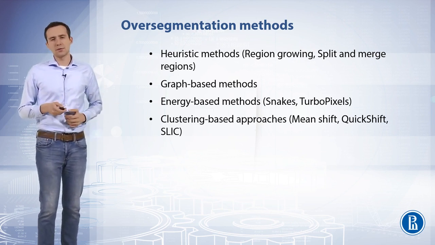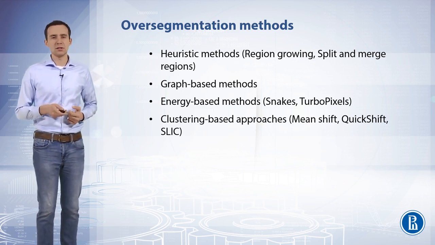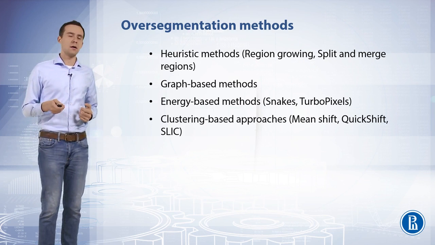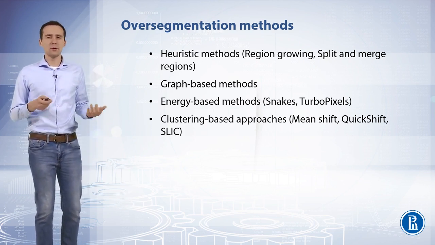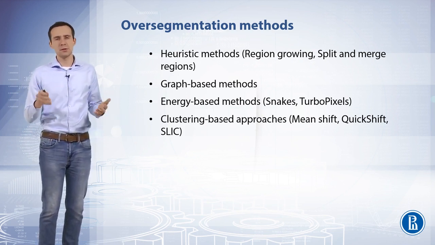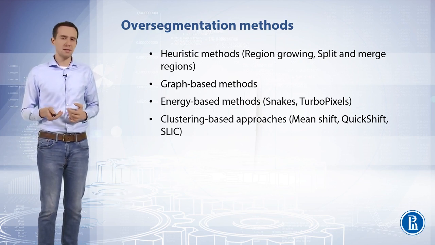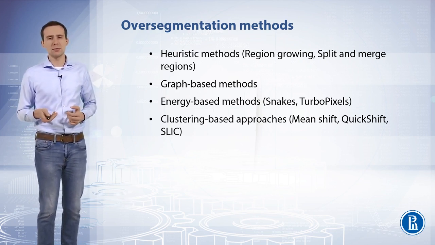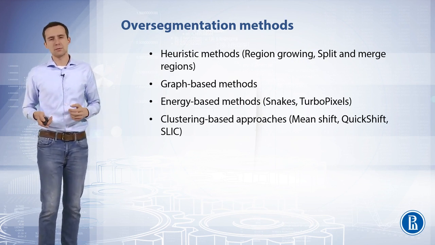Other approaches include split and merge, where we divide the image into regions until the resulting regions are homogeneous. In energy-based methods, one formulates the segmentation task in the form of optimization of contours and then iteratively updates these contours. Probably the most advanced yet relatively simple approaches are clustering-based ones. Let us discuss a few of those in more detail.